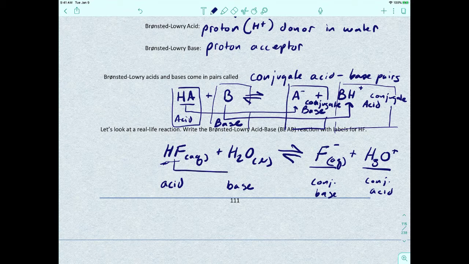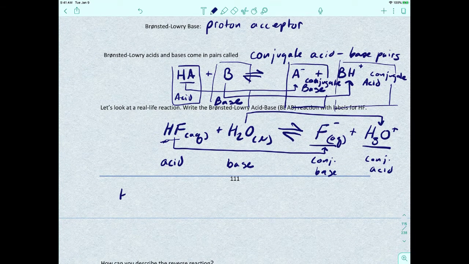So HF is one acid-base pair. Water and H3O plus is your base conjugate acid pair. Now H3O plus has a special name, and we call that the hydronium ion. And it's essentially water with an extra proton.